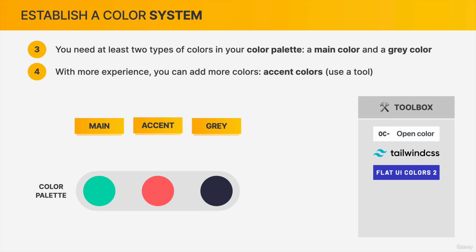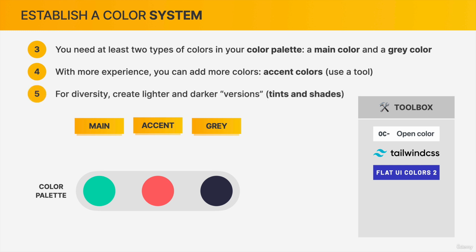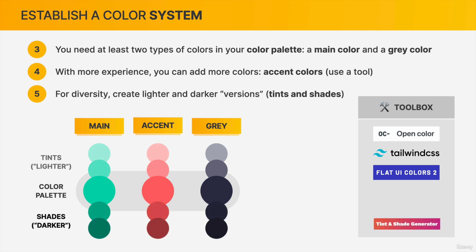Okay, so let's say you now have your main, accent, and gray colors. Now, when you design real-world interfaces, you will always need some lighter and some darker versions of these three colors. And the lighter versions, we call them tints, and the darker versions we call shades. This is especially important for gray colors, as you will usually need many different gray tones for text in different places or different states, for example, different button states.